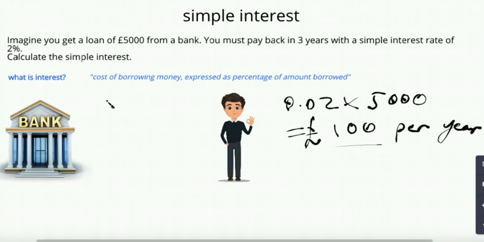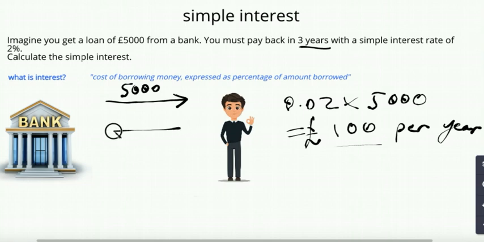Right, so let's look at how this will work. You borrow 5,000. We know that you have to pay the money back in 3 years, and each year you would have to pay £100, we have just calculated.